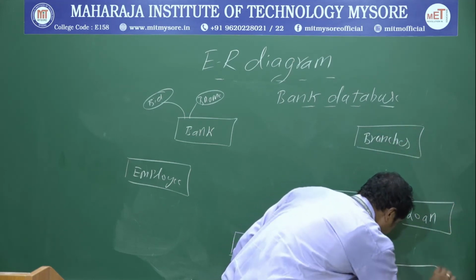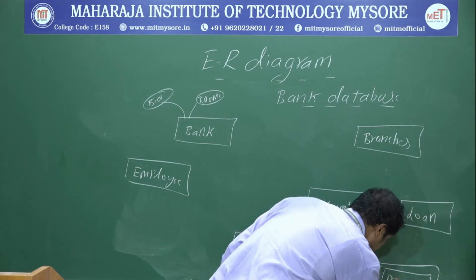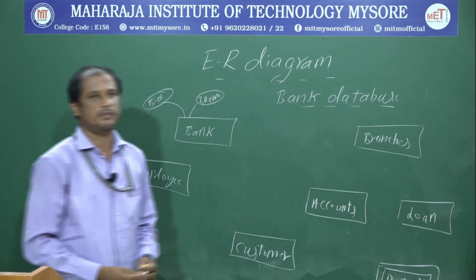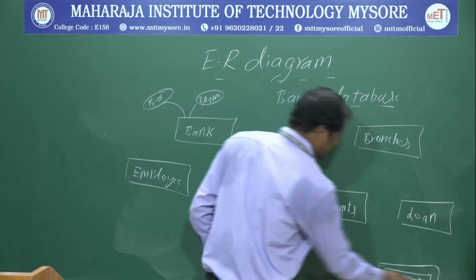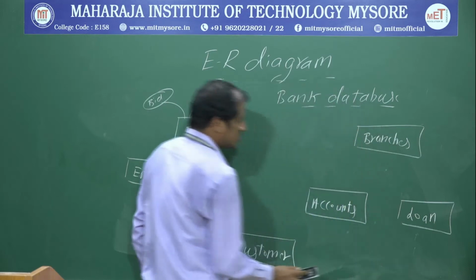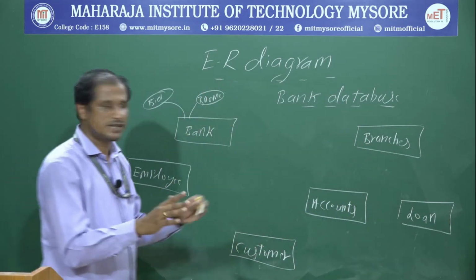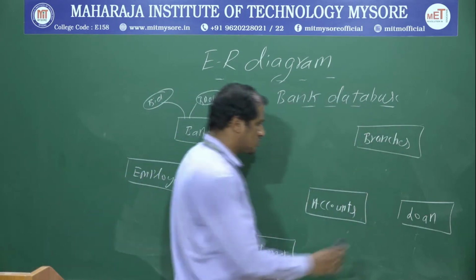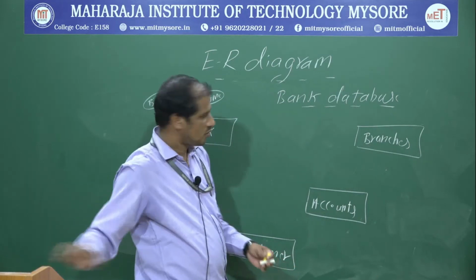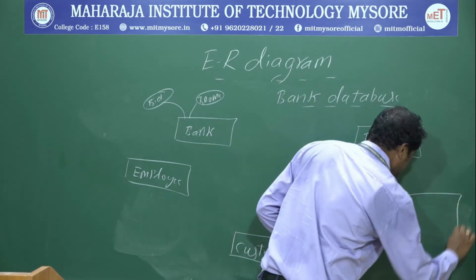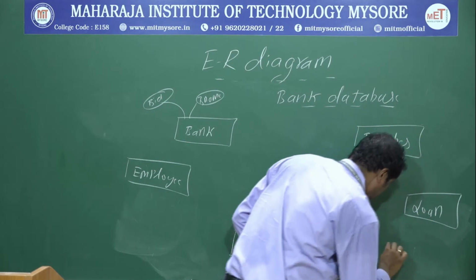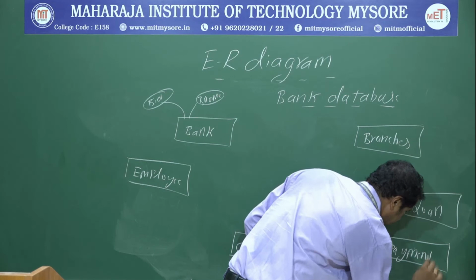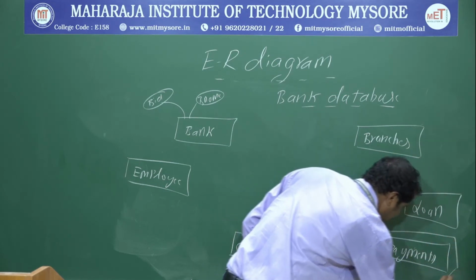Loan has payments. Write it a little higher so that it is clear, because the payments have to be analyzed well. Each loan has payments, so payments can be called a weak entity.